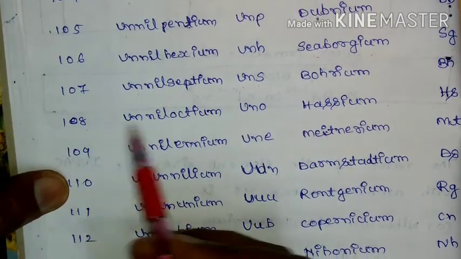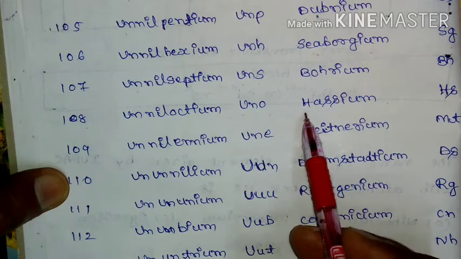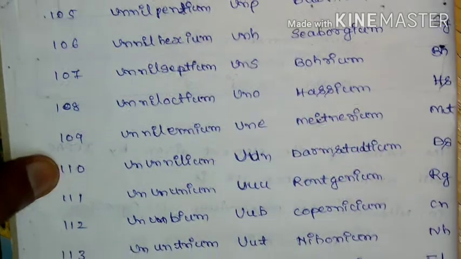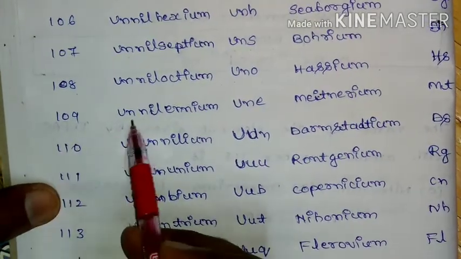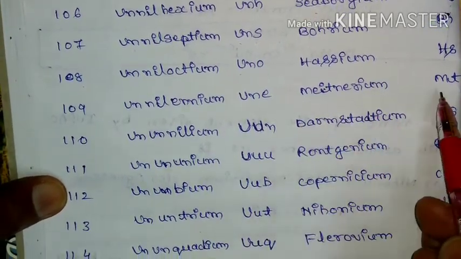And 108 un, nil, octium, Uno, and the official name is Hassium, Hs. And 109 un, nil, ennium, Une, Meitnerium, Mt.